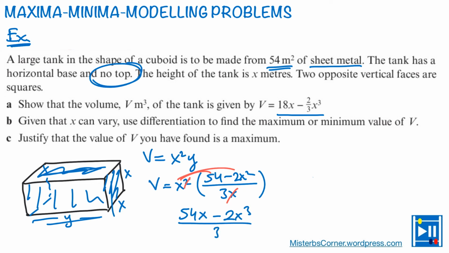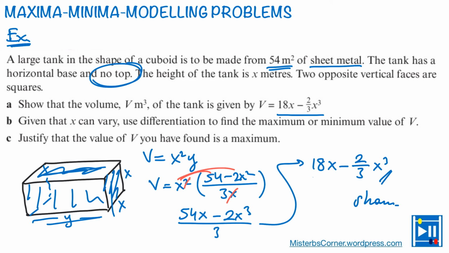Now I'm one step away from the solution. I can think of these as separate fractions, right? So it's 54x over 3, which will be 18x, minus 2/3 of x cubed. So it's shown.